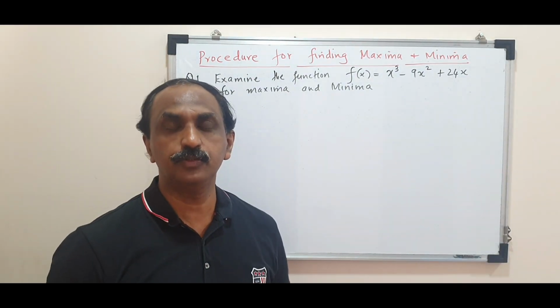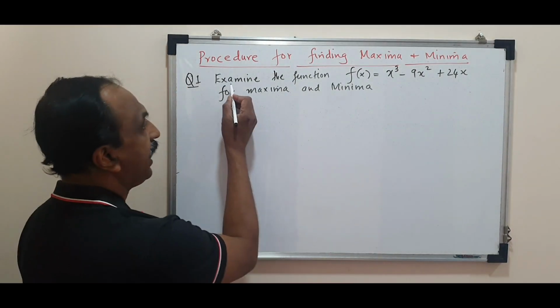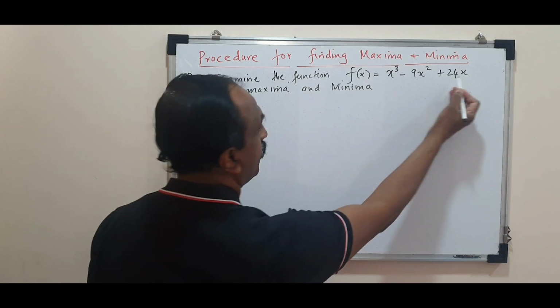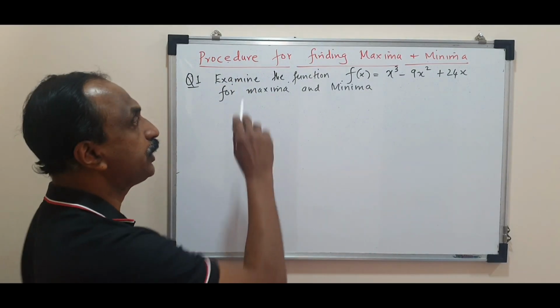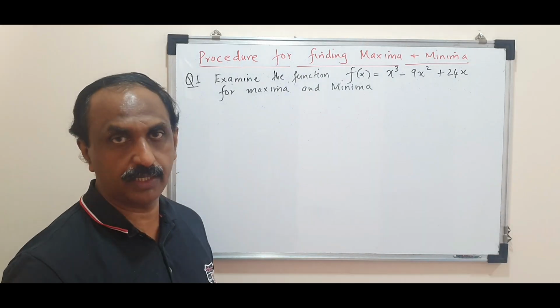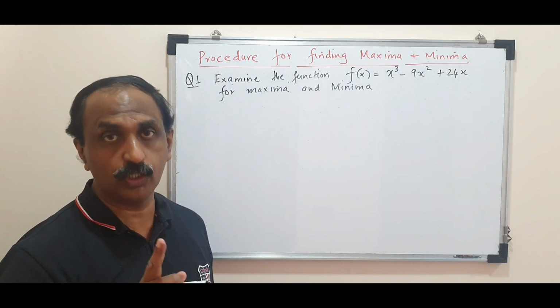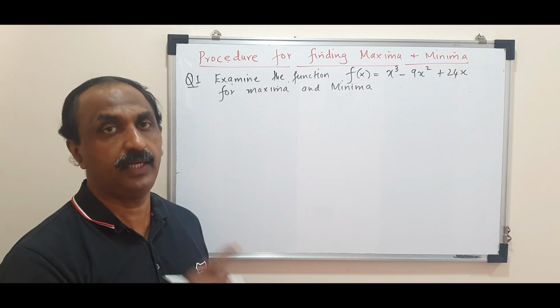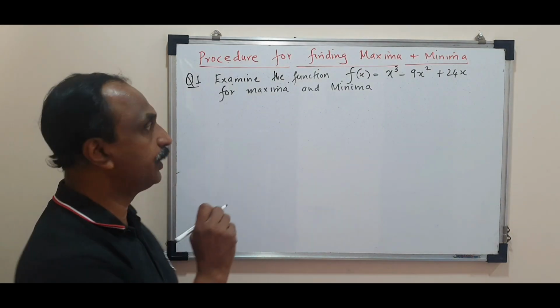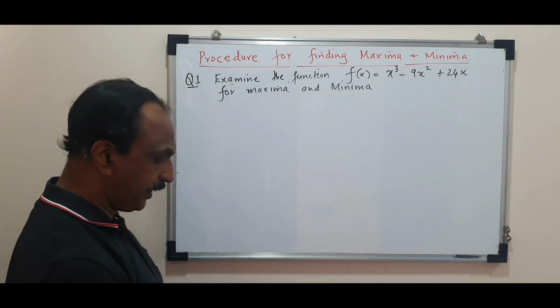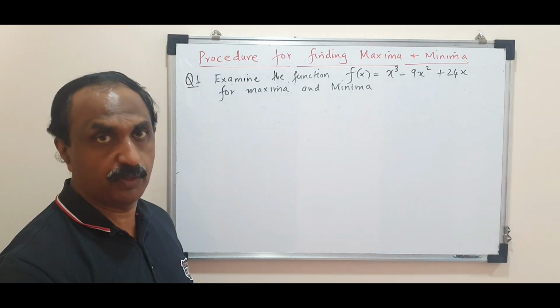Let us try to solve a problem. Examine this function for maxima and minima. I am basically going to teach you the procedure for finding maxima and minima of a function. Basically we are doing local maxima and local minima. Although it's written maxima and minima, it means local maxima and local minima. So the first thing we must do is, we know that the derivative at the maximum and minimum point is 0.